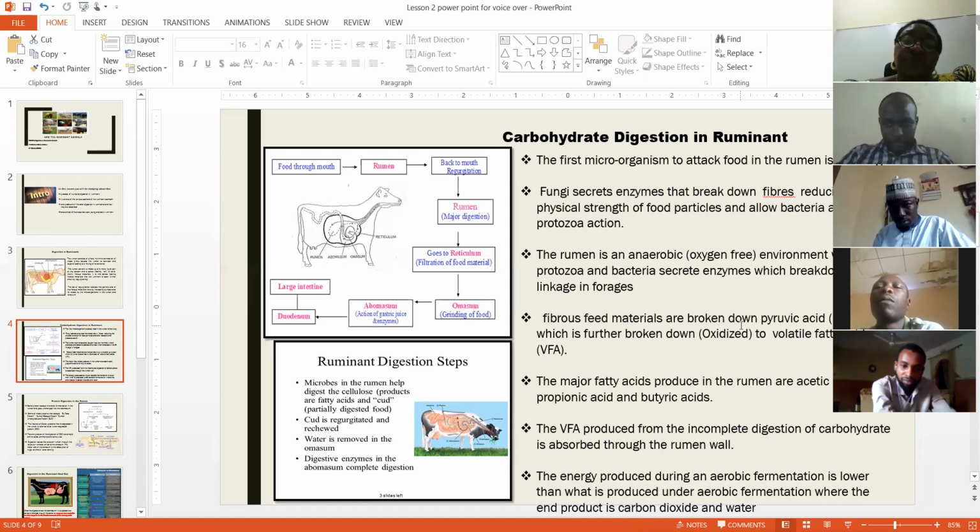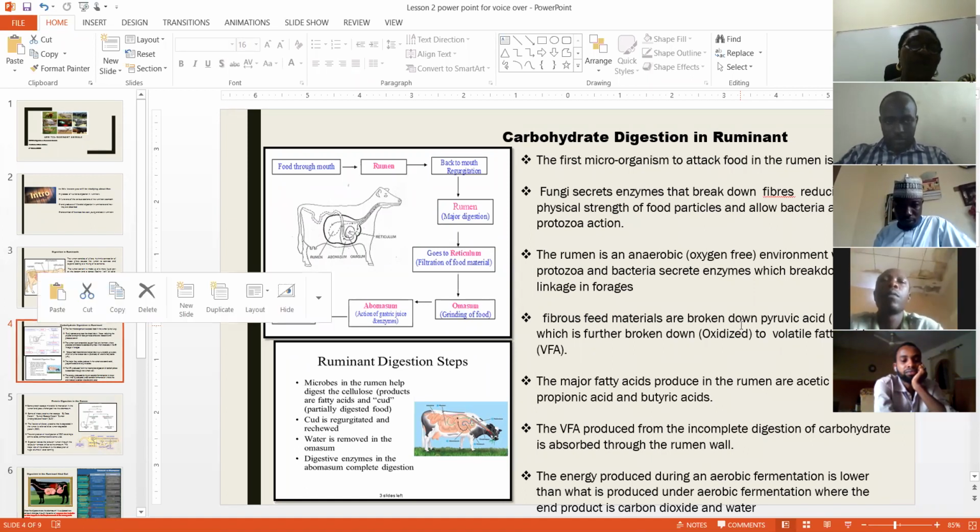If a feed is broken down completely to carbon dioxide and water, it yields a larger amount of energy. VFAs are like intermediary substances. They do not give as much energy, but they enable the utilization of materials that would otherwise have been wasted if they were consumed by monogastric animals like us.